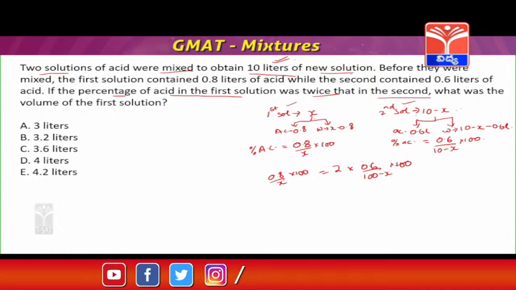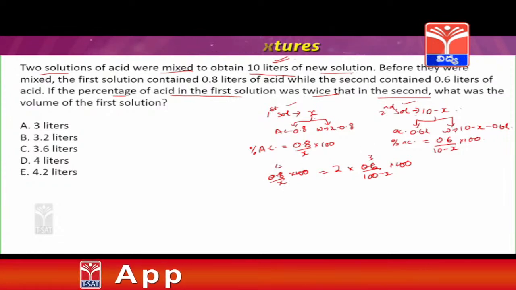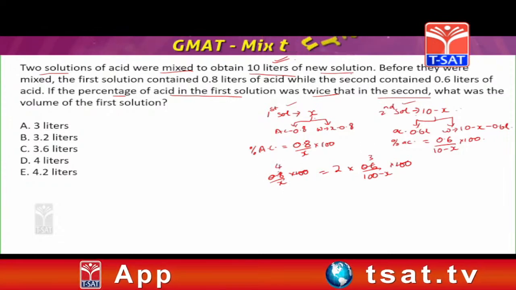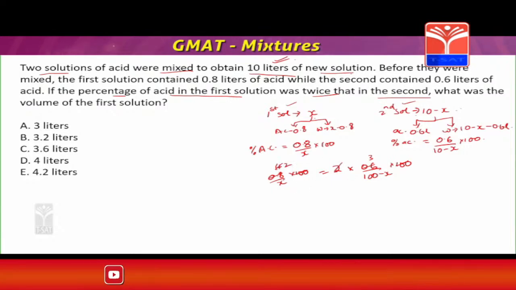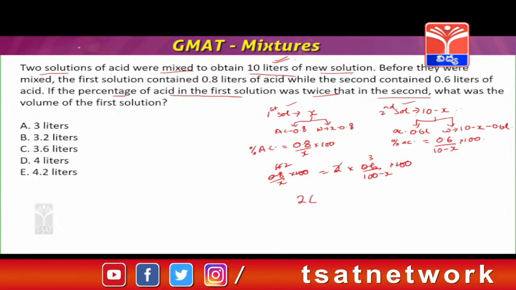That means 0.8 by x into 100 is twice that of the second, that is 0.6 by 10 minus x into 100. The 100 gets cancelled, and you can cancel out 0.2 on both sides, leaving 4 and 3 times 2.